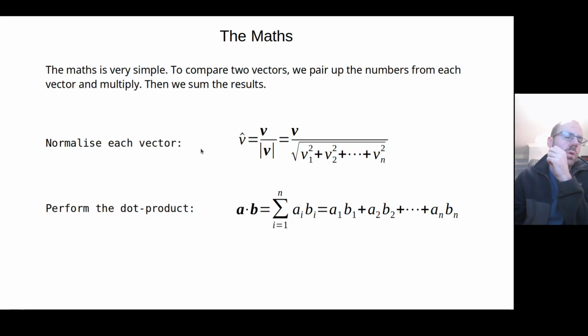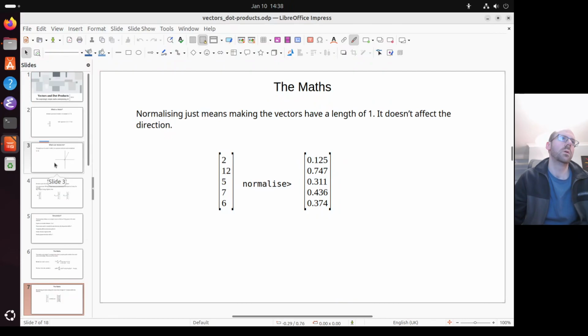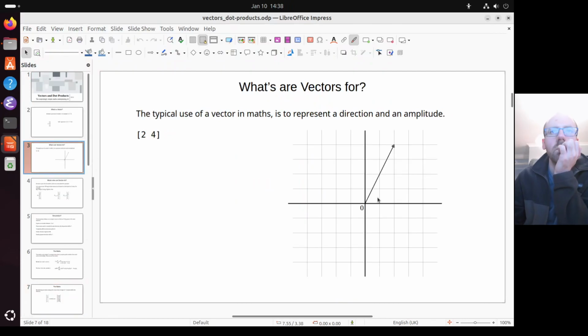So the normalizing part is not that important to what we want to explain, but I think I made a slide. Yeah, so normalizing, we're basically making our vector have a length of 1. Let me just go back to the previous slide. Imagine, to normalize this one, we would basically be shortening this arrow but keeping it at the same angle, just so that it has a length of 1.